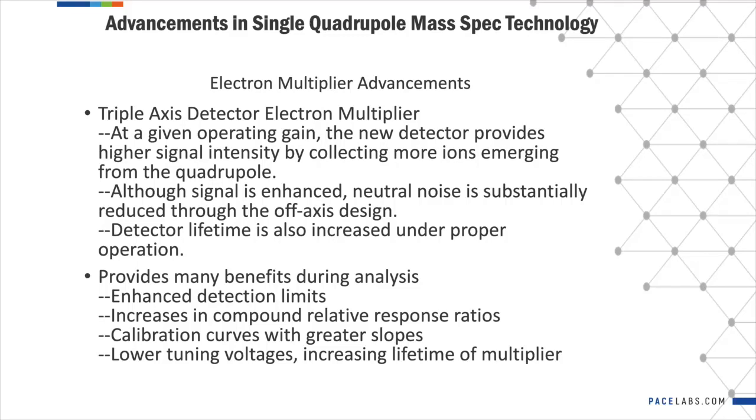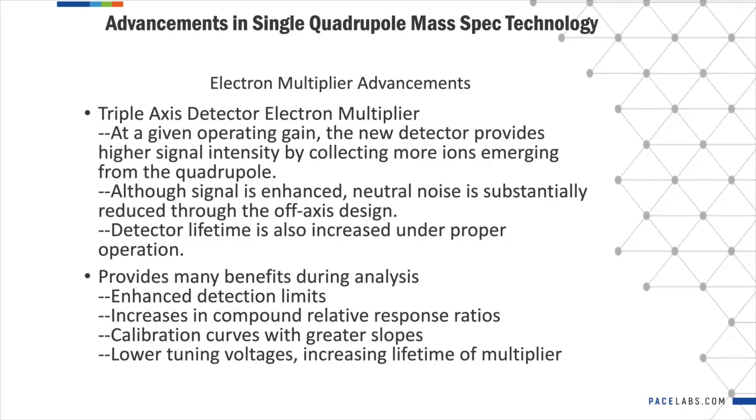The newest mass specs available now come equipped with a triple axis detector electron multiplier. At given operating gains, it provides higher signal intensity by collecting more ions from the quadrupoles. Although the signal is enhanced, neutral noise is substantially reduced through the off-axis design.